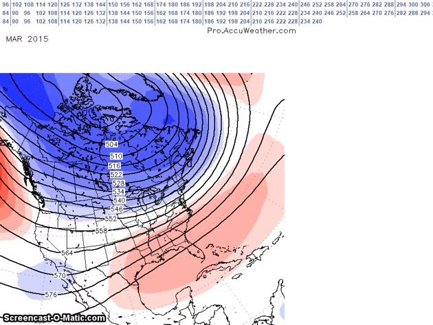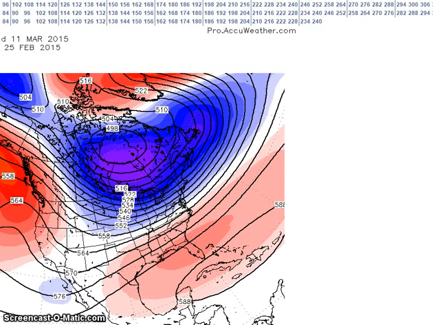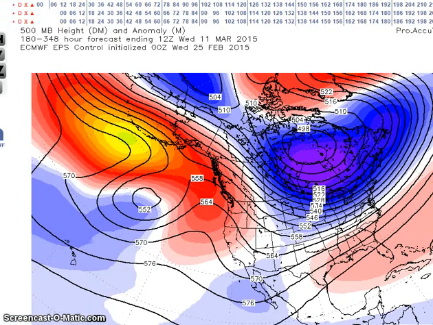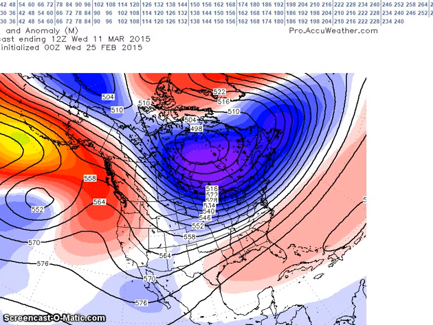One thing to note, the European ensembles have a trough here, mostly to the north across the Great Lakes and eastern Canada. We still have our strong positive height anomalies near the Aleutians.